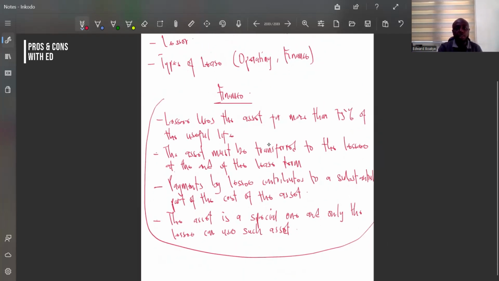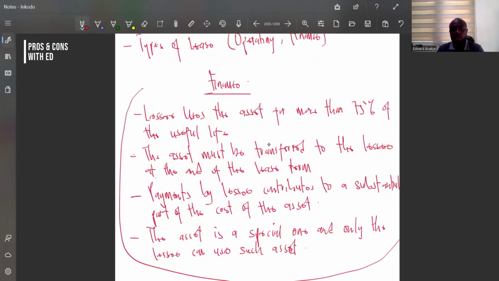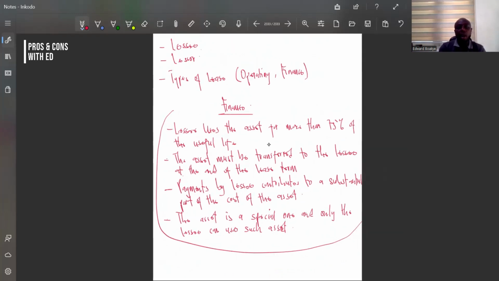In an operating lease, you are not going to see all these things, not even one of them. It makes it an operating lease. How then are we going to recognize the payments we are making in our financial statements in terms of an operating lease, and then in terms of a finance lease?